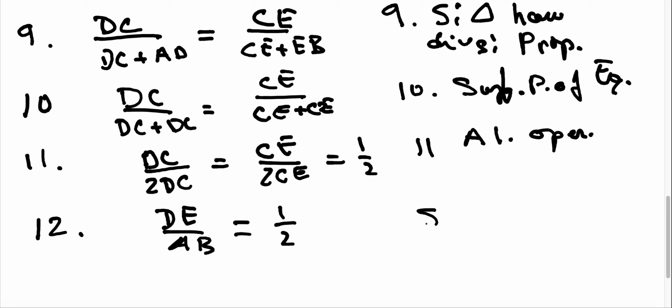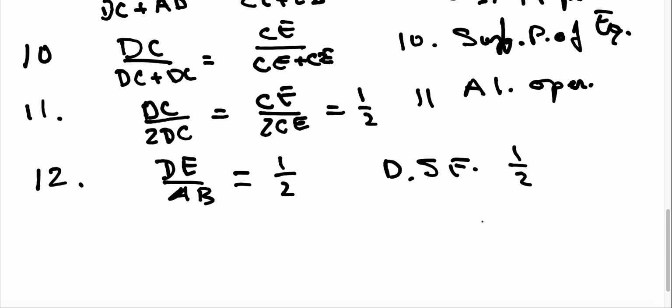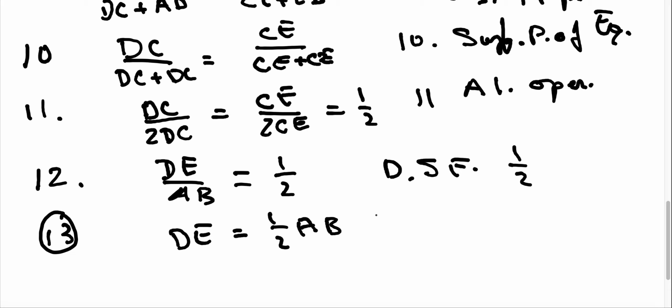So the dilation scaling factor is 1.5 for all sides of the triangle. And number 13, the last one here, DE is equal with 1.5 AB. It is a multiplication property of equality.